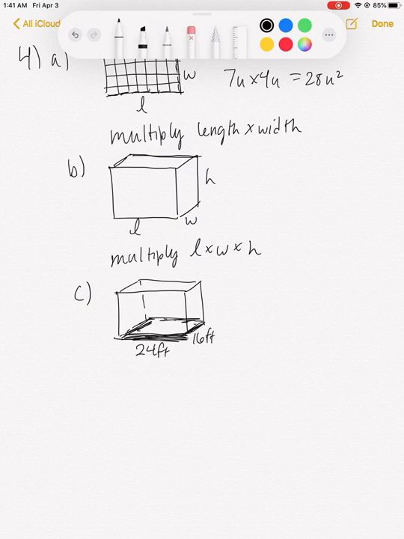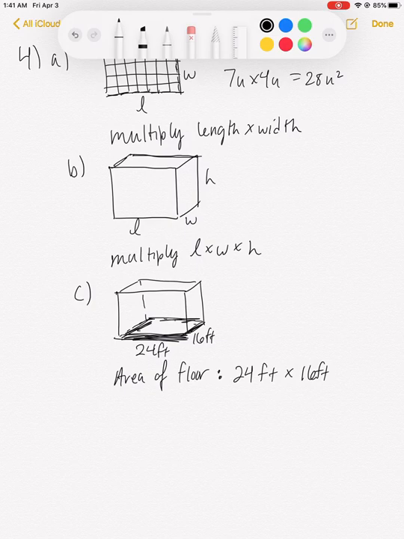We want to find the area of the floor. To find the area of the floor, we just multiply our numbers together, 24 feet times 16 feet. When we multiply these together, we can multiply the numbers themselves and the units.